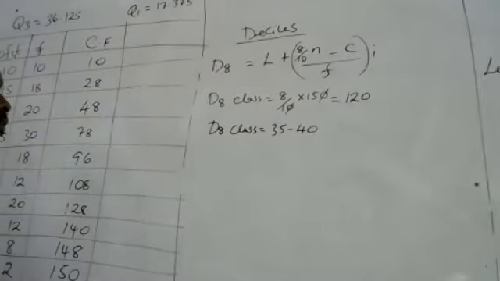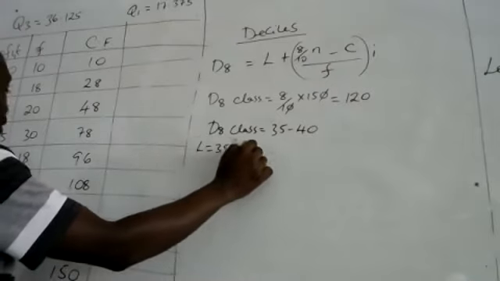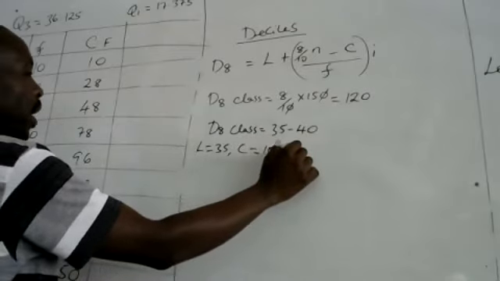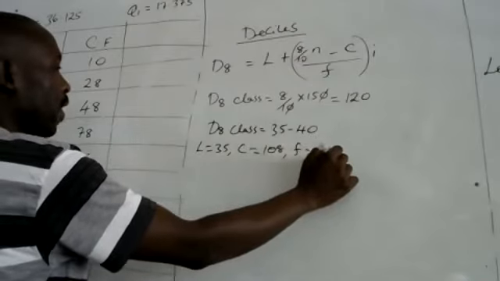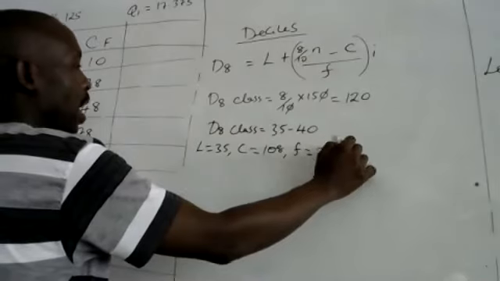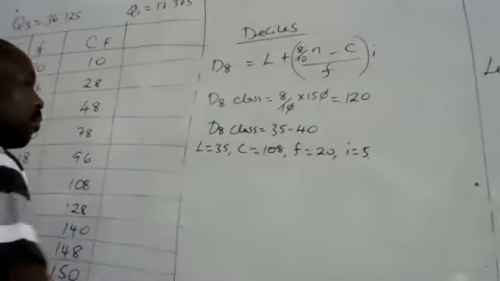So in that case, our L is 35, our C is going to be equal to 108, our F is going to be 20, our I is going to be equal to 5, and we know N is 150.